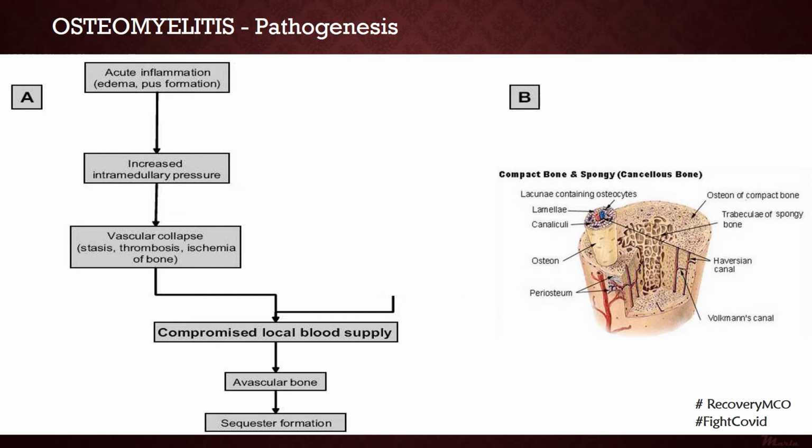Such events would result in compromised blood supply, such that the bone does not receive nutrients from the blood, resulting in an avascular environment. This will lead to the death of the cells of the bone, that is osteocytes and osteoblasts, resulting in a dead bone, which is also referred to as sequester formation.